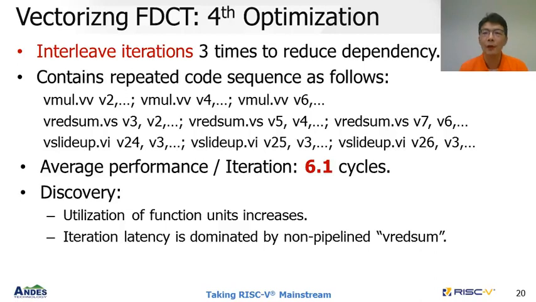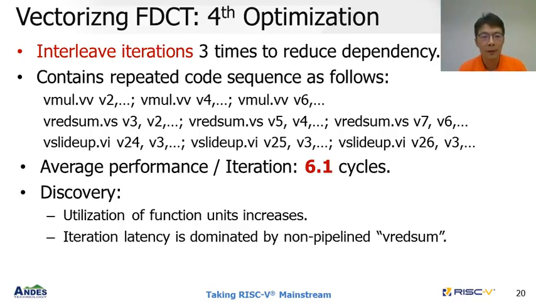After the change, the performance is improved to 6.1 cycles per iteration. The utilization of vector functional units is increased, but the iteration latency is dominated by the non-pipelined reduction sum instructions.